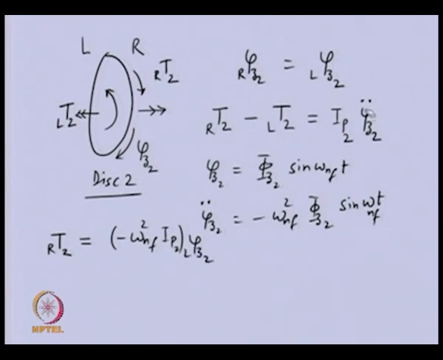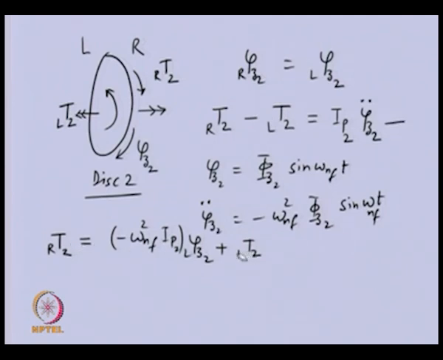This is substituted in place of this, and plus the torque in the left of disk 2. So, this particular torque I have brought to the right side. Now, this expression I have rewritten here.